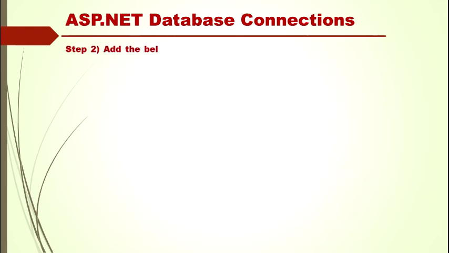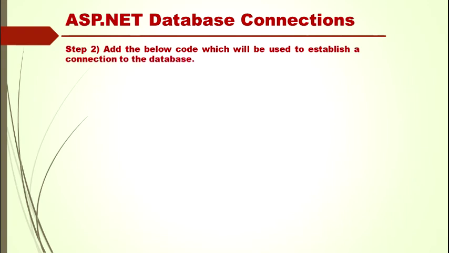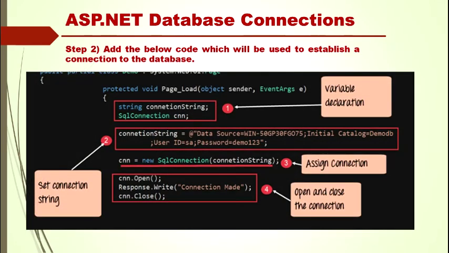Step 2, add the following code which will be used to establish a connection to the database. See that. After double clicking on the aspx.cs file, in the code window you will write this first variable declaration.